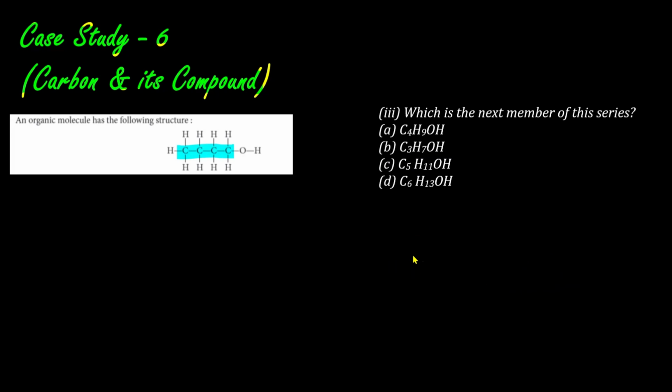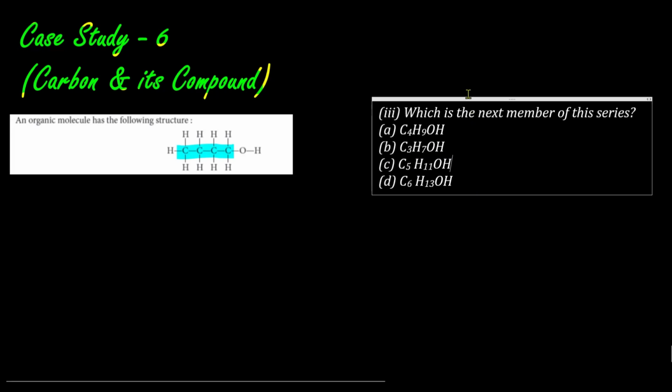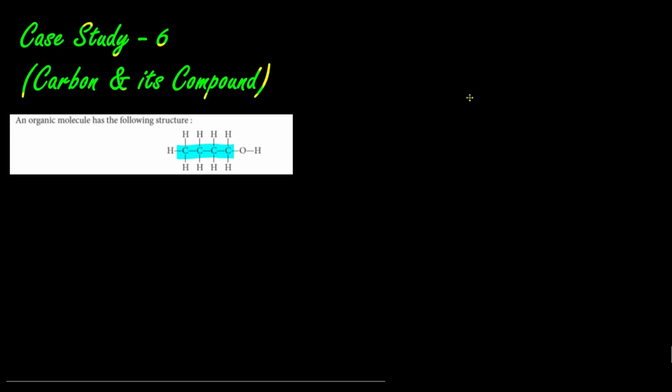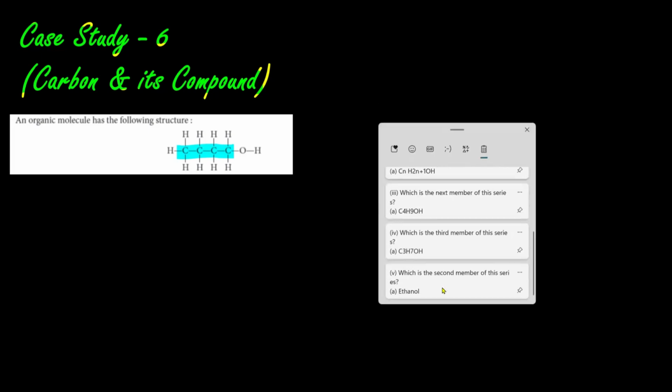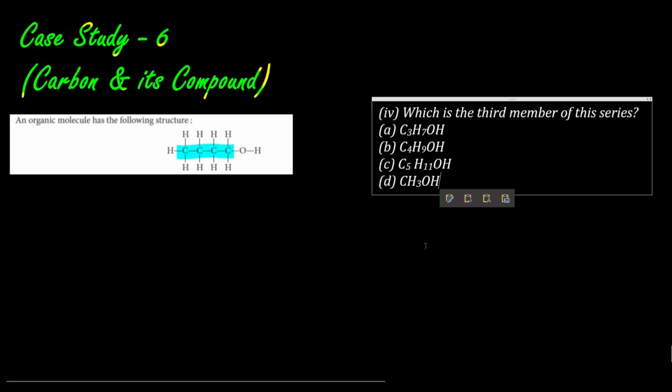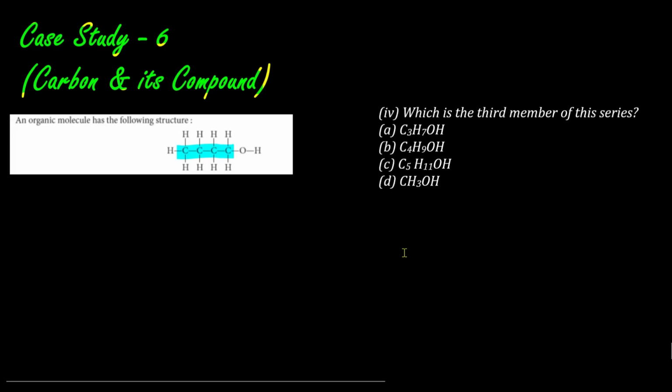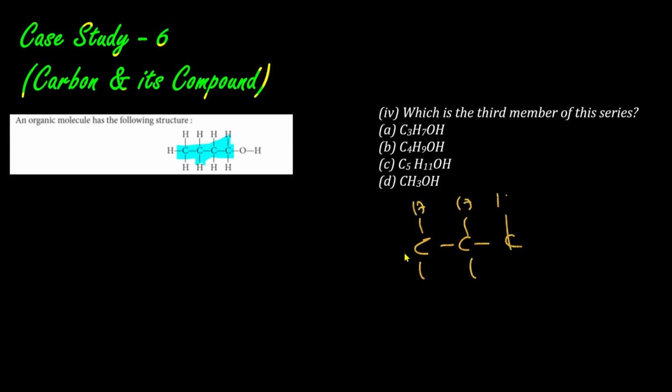Now check for the third. Now I'll come to the fourth part. Fourth part is this: which of the following is the third member of this homologous series? The third member will have 3 carbon atoms in a straight chain, and as you can see, these hydrogens are bonded with single covalent bonds, and the functional group is OH.